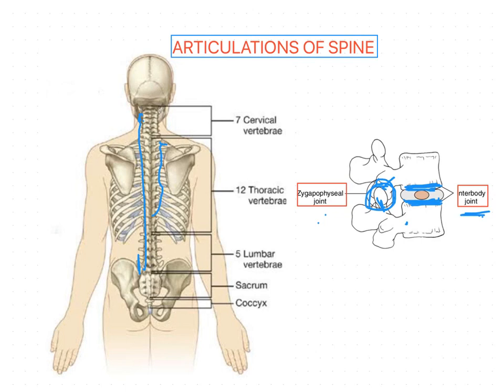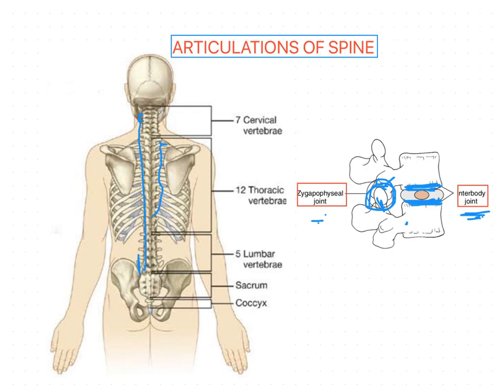I have explained the costovertebral joints in detail in thorax and chest wall biomechanics, so you can refer to them there. But in this session, we are particularly concerned with the interbody joints and the zygapophyseal joints.